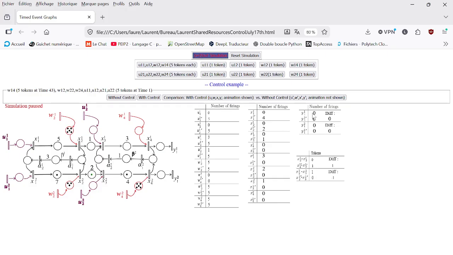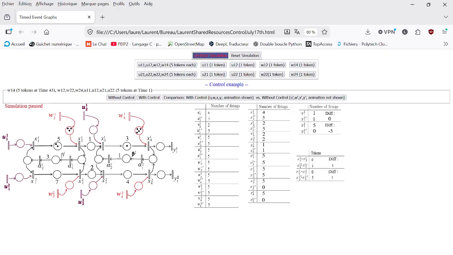Here I have the firing of the output without control and with control. Without control, with control, without control. With control here, we have finished 2 parts for the lower priority system at this instant, 3 parts, 4 parts, 5 parts. We have finished to manage the lower priority system, and we now start with the higher priority system.